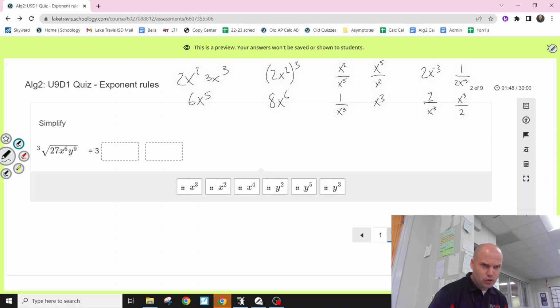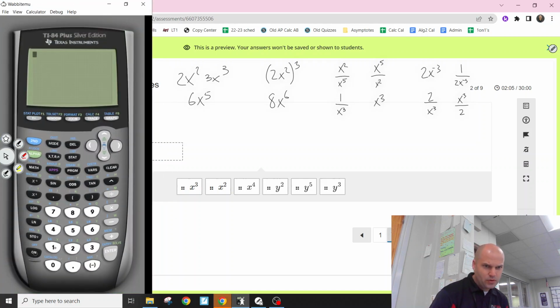So for example, this is a cubed root. So 27x to the 6th and y to the 9th are all going to be taken to the 1/3 power. 27 to the 1/3, I would type that into my calculator. Again, you can use your calculator to help you with numbers versus using rules. 27 to the 1/3 is 3.